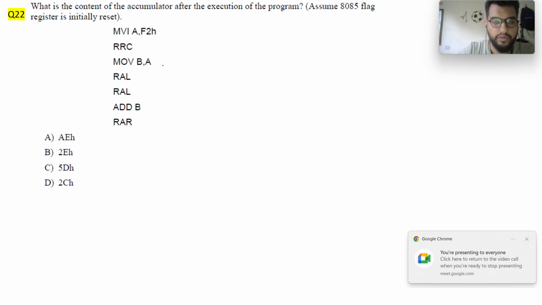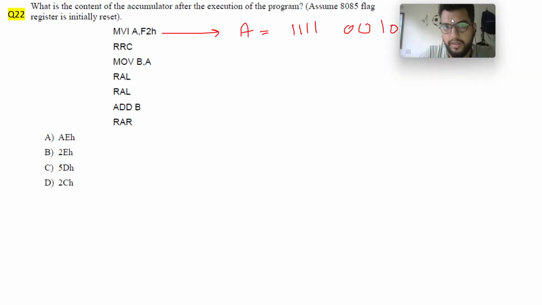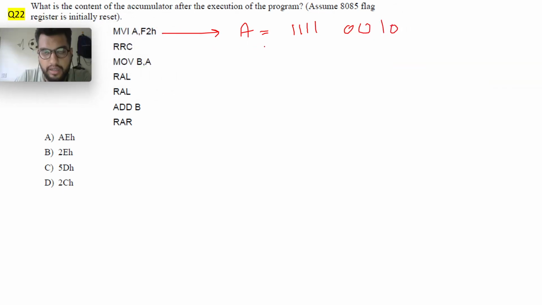So first of all, we have this instruction MVI A, F2H. So A will be 1111 0010. So this is your A. Then RRC means rotating right, that is shifting each bit by 1 towards the right. Each bit goes to the next bit towards the right.